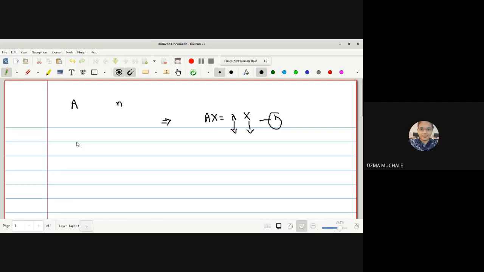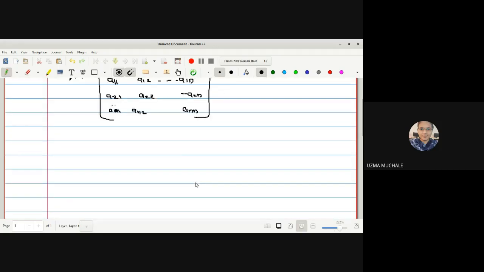Okay, and let A be any n cross n matrix in such a way that we can write it in the form of A11, A12 up to so on A1n. Right. Now how to find out eigenvalue?